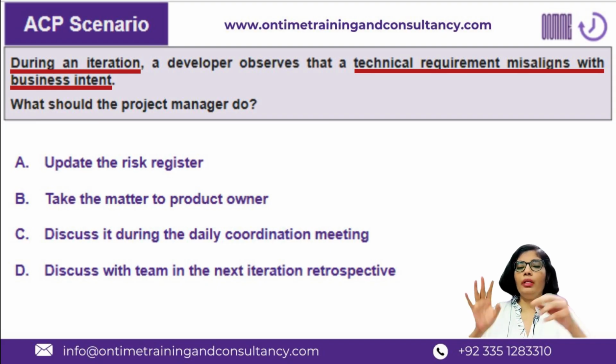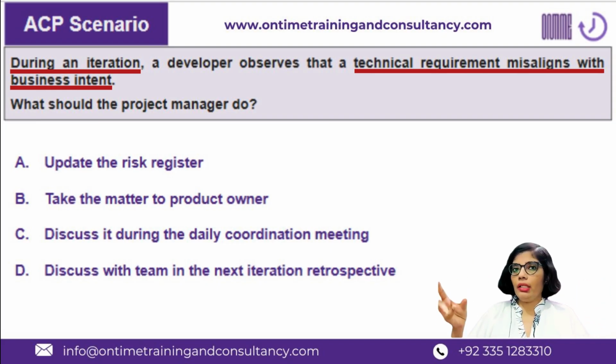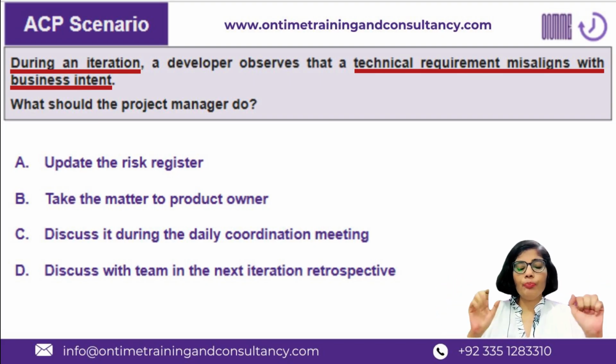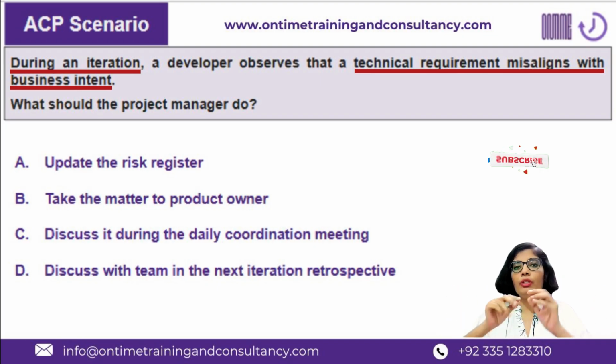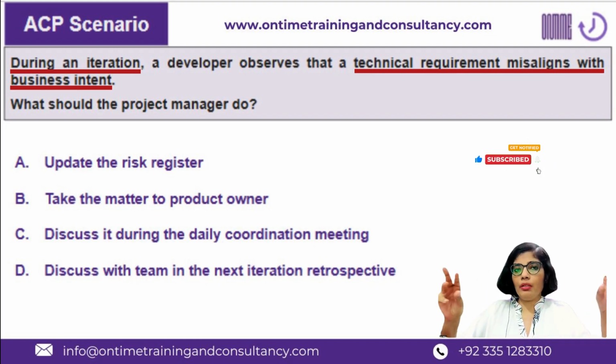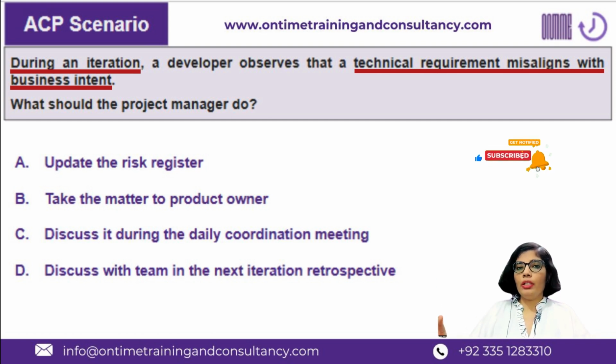How do we document any technical requirement, and how do we document the business requirements in a product backlog and the release backlog, and accordingly in the sprint backlog? We have this structure of epic broken down into features, features broken down into user stories, and user stories broken down into tasks.